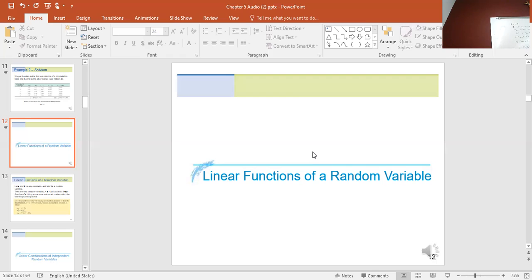So the variance of x is E of x squared minus E of x, which is 48 over 25, minus the square of this, and the standard deviation, sigma, is square root of 12 over 25. 12 is 4 times 3, so this will be 2 square root of 3 over 5.